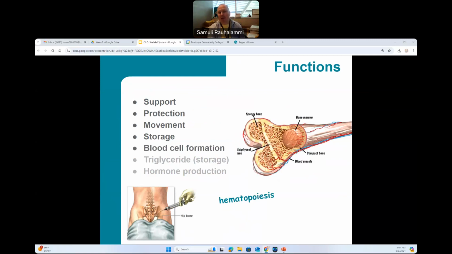And this is especially relevant when we think of patients who, for example, would have clinical issues and would need a bone marrow transplant. This would often be because their bone marrow is no longer functional or present, so we have an issue with the production of the blood cells as a result.